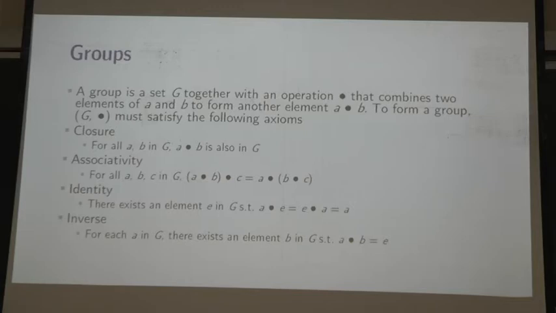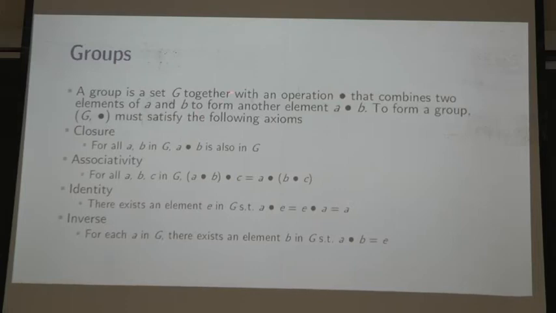A group is a special term that we use in math in linear systems. A group is a set G together with an operation, I call it dot here.